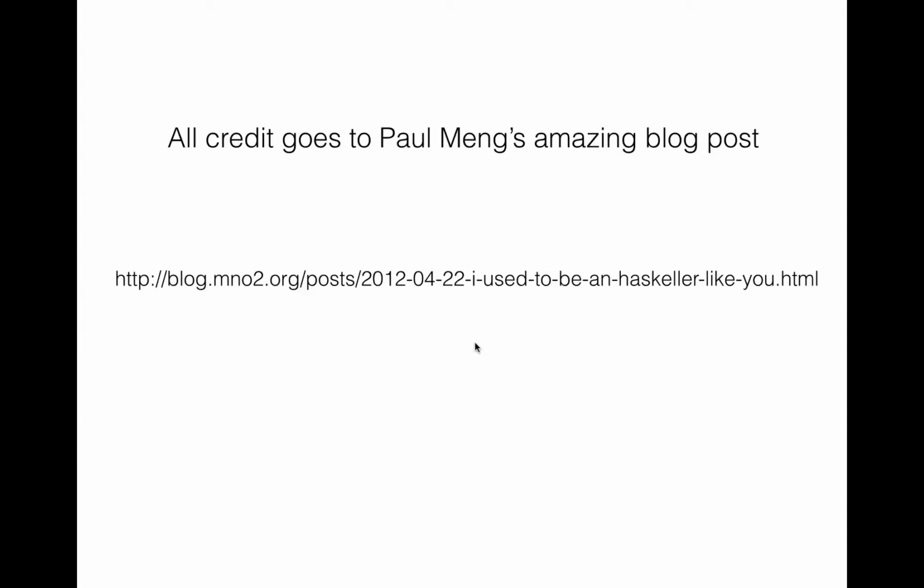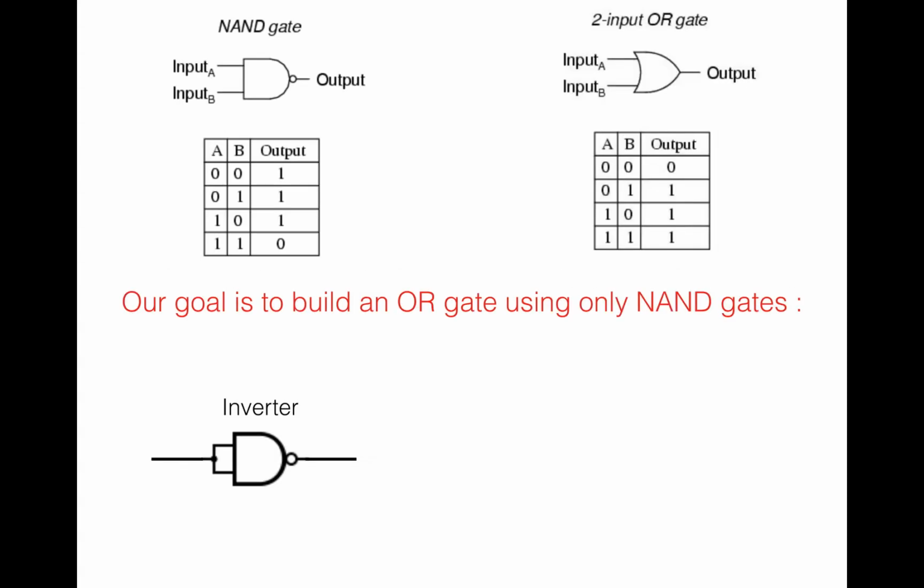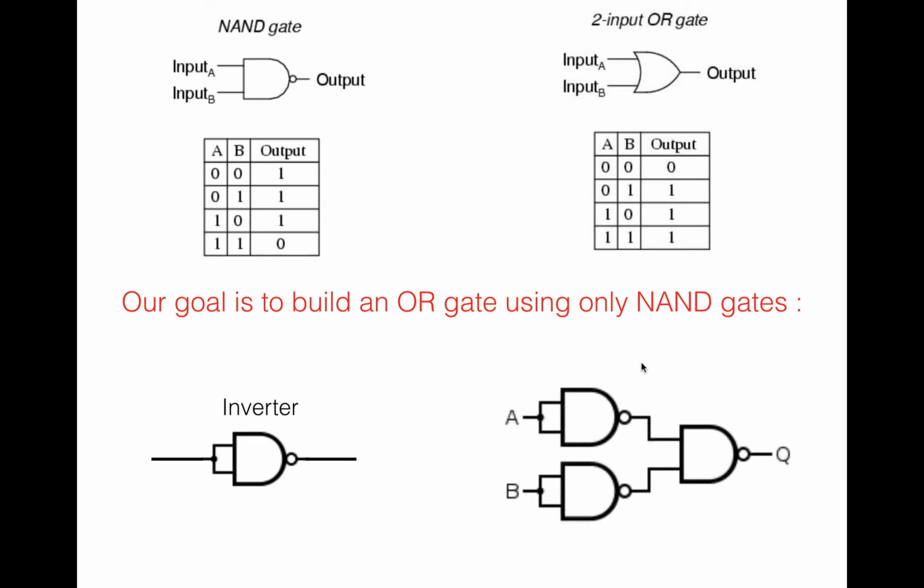Okay, so this talk is inspired by Paul and his really great blog post. And the goal here is to create this kind of OR gate using these negative AND gates only.